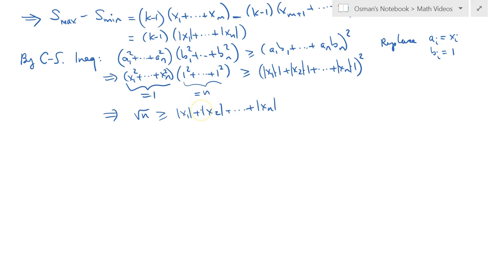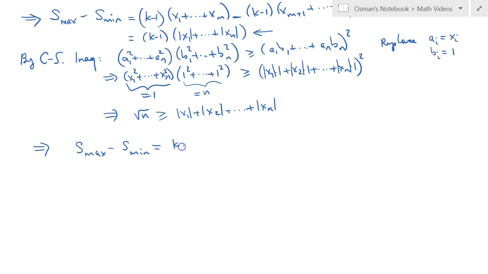And now if we plug this into our original expression, following up with this equation here, we can say that S max minus S min, the range of values that this S function, this sum product sum function, can take.